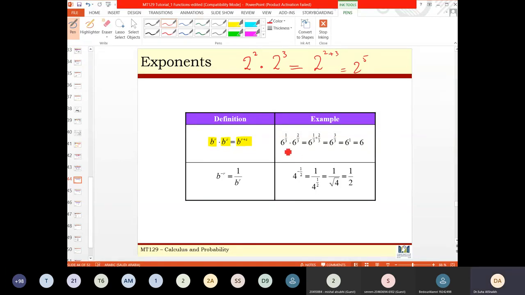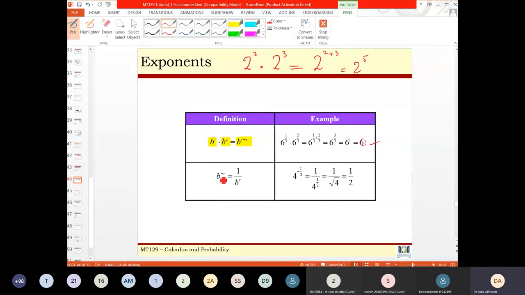So they are giving you an example. You have 6 to the power 1/3 and 6 to the power 2/3. This is 6 to the power 1/3 plus 2/3. This is 6 to the power 3/3. This is 6 to the power 1, which is 6. The negative power, we talked about this already.